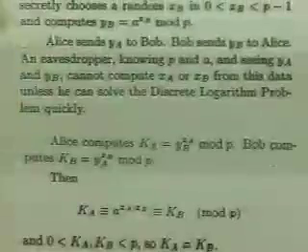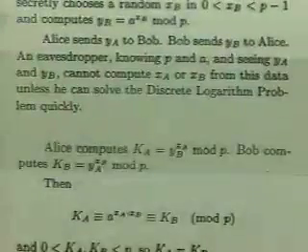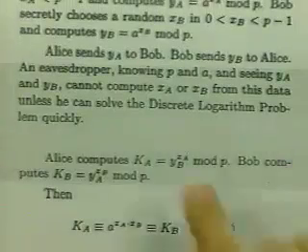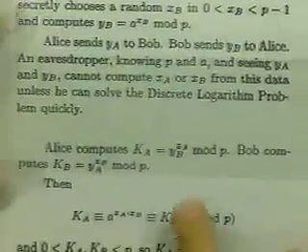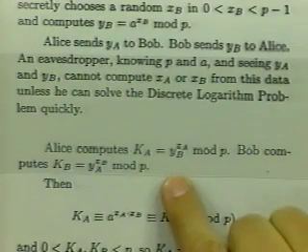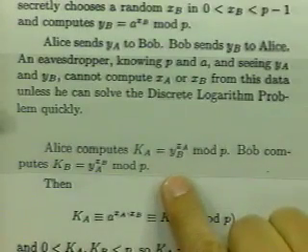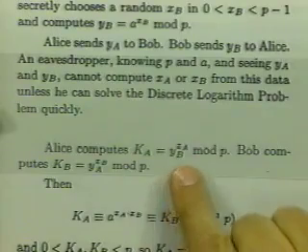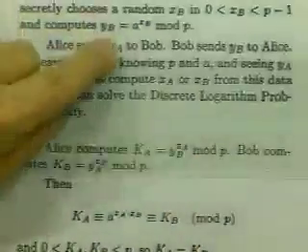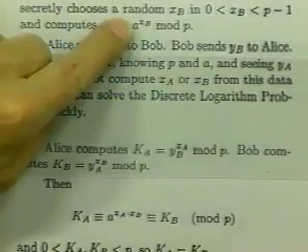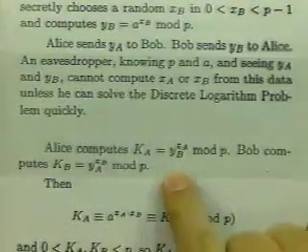Okay, now let's just look back at where these numbers came from. Oh, I guess this fits. Yeah, for example, Y_B was A to the power X_B. So now down here, when Alice receives Y_B from Bob, Alice raises Y_B to the power X_A. So what is this in terms of A? Well, it's A raised to the power X_B and then raised to the power X_A.